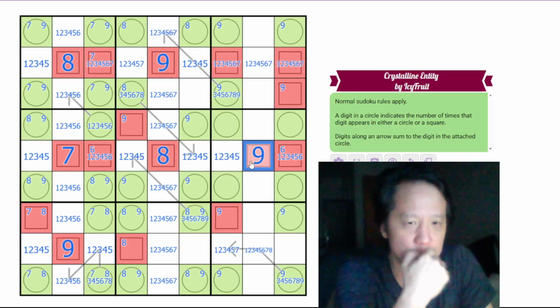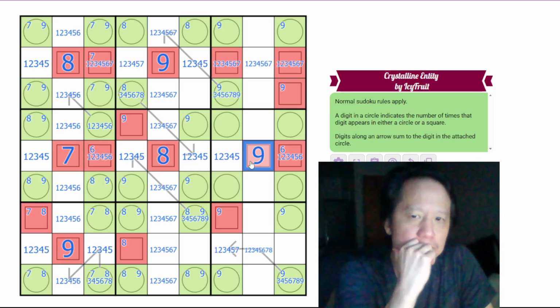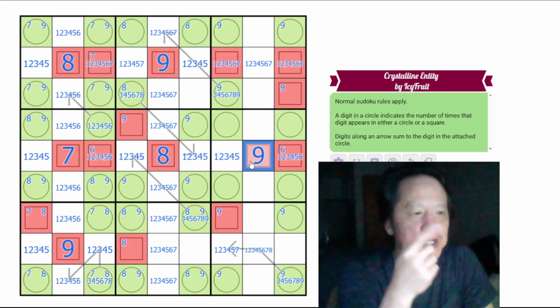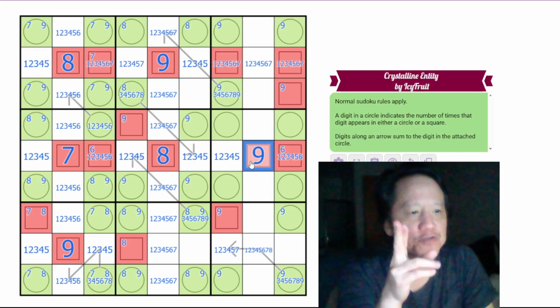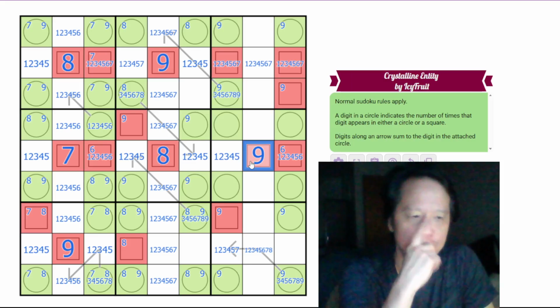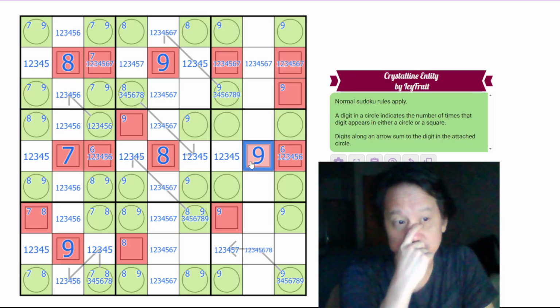But the problem is we don't know which ones it can be. So any combination from 2, 4 down to 1, 2 seems like it works.